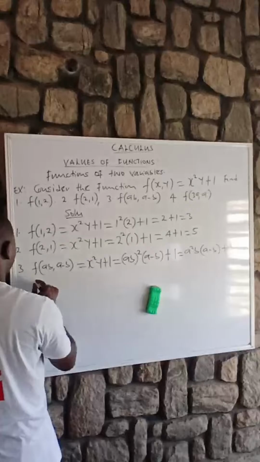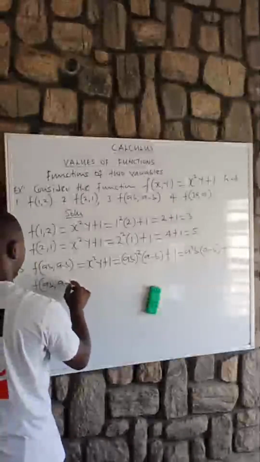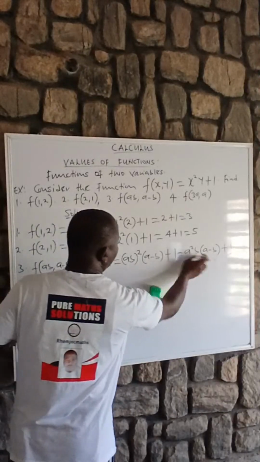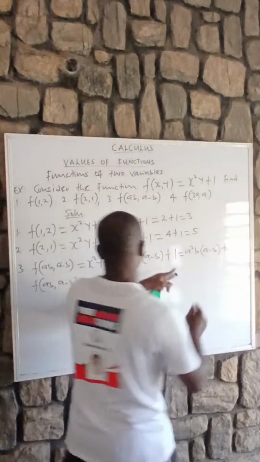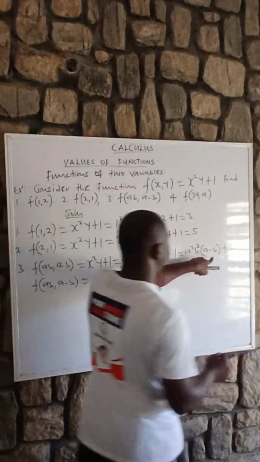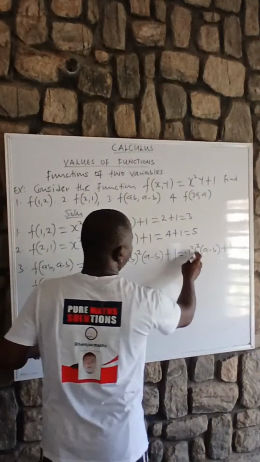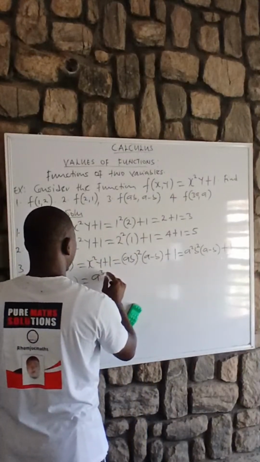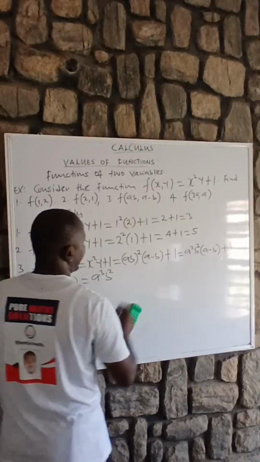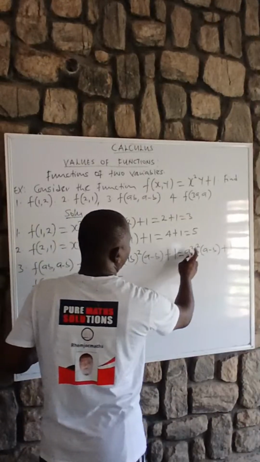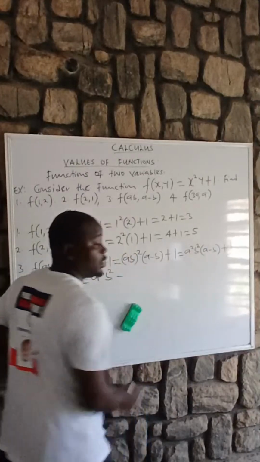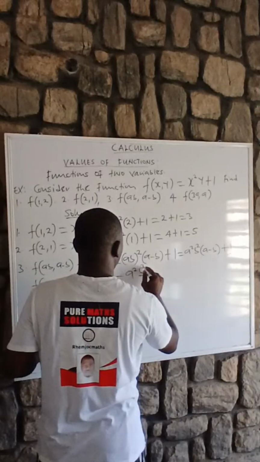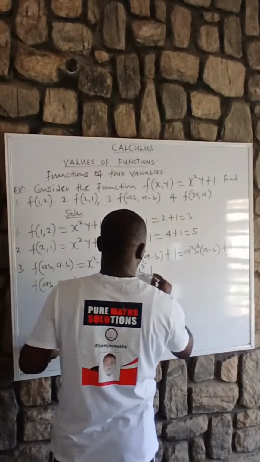3 will still continue. f of ab comma a minus b equals, let us open this bracket by multiplying out. a squared b squared times a, we are going to have a raised to the power 3 b squared, and minus a squared b squared times b, we have a squared b raised to the power 3, then plus 1.